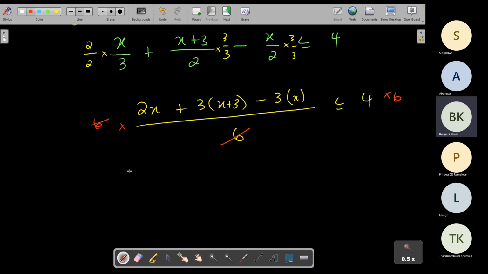That 6 is gone. We are left with 2x + 3x + 9 - 3x less than or equal to 24.